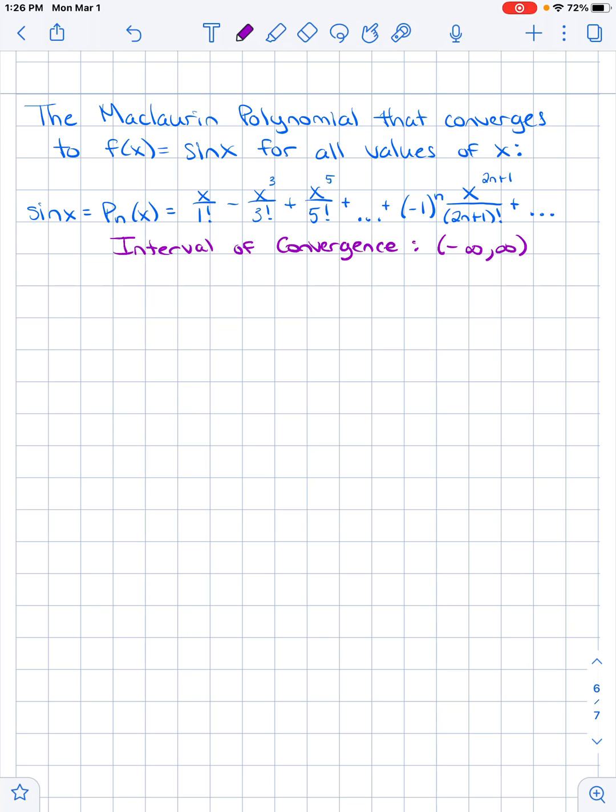A computer or a calculator can handle that no problem. So a lot of times, for example, in order for a GPS to track where you are, it uses a Taylor polynomial.